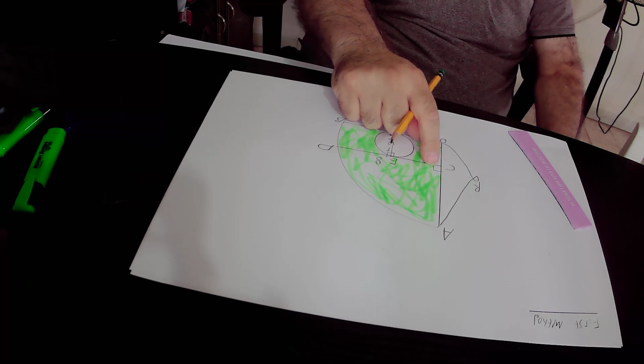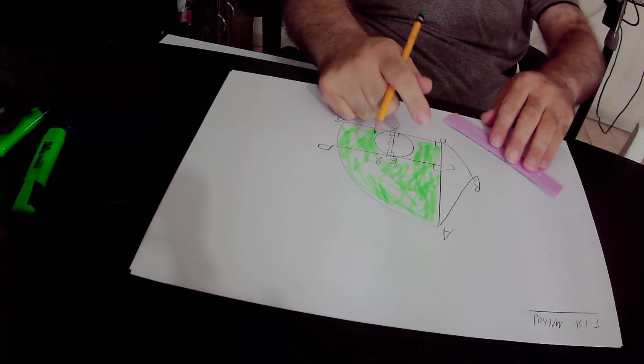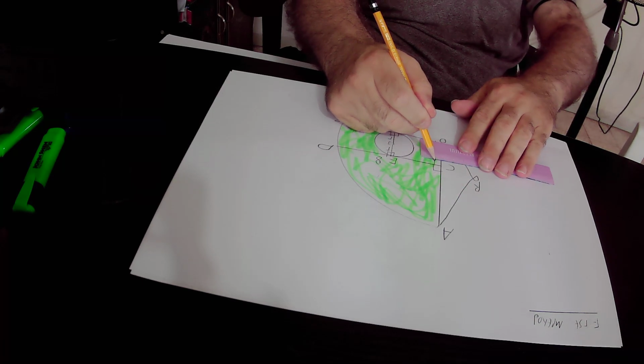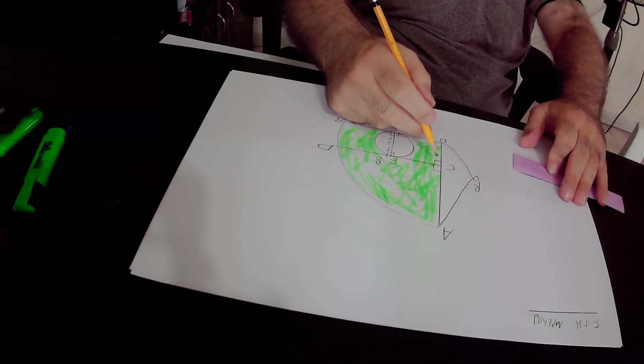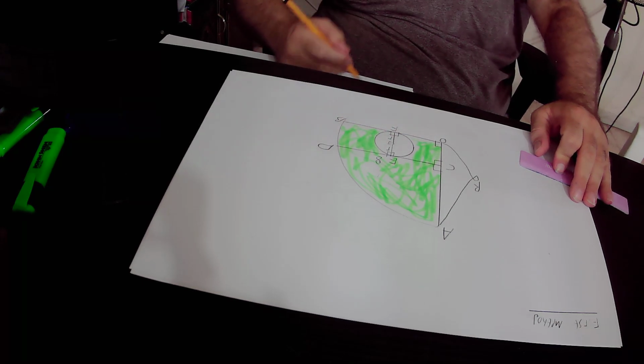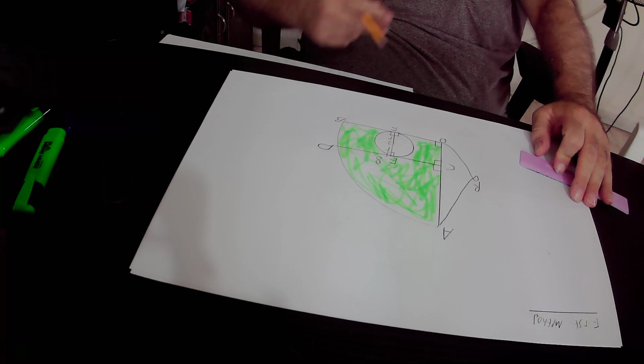Here, this angle equals 90 degrees, therefore the missing angle must also be equal to 90 degrees in order to complete the sum of the angles on this side of the straight line AO at point C to 180 degrees. This angle must also be equal to 90 degrees. Okay?